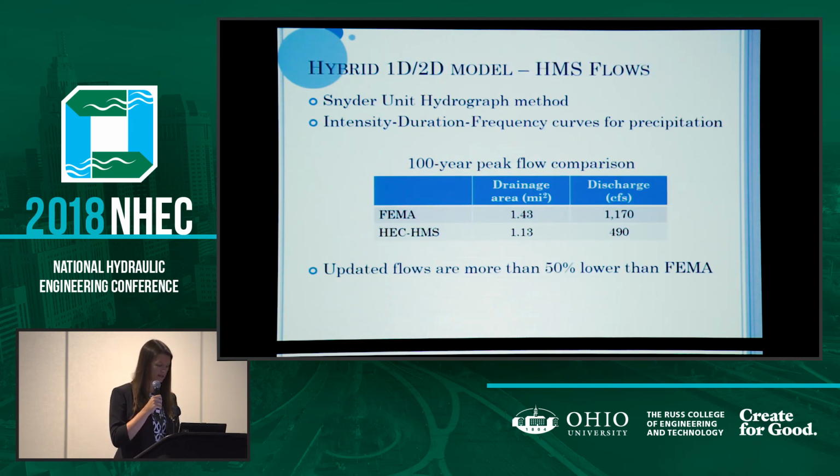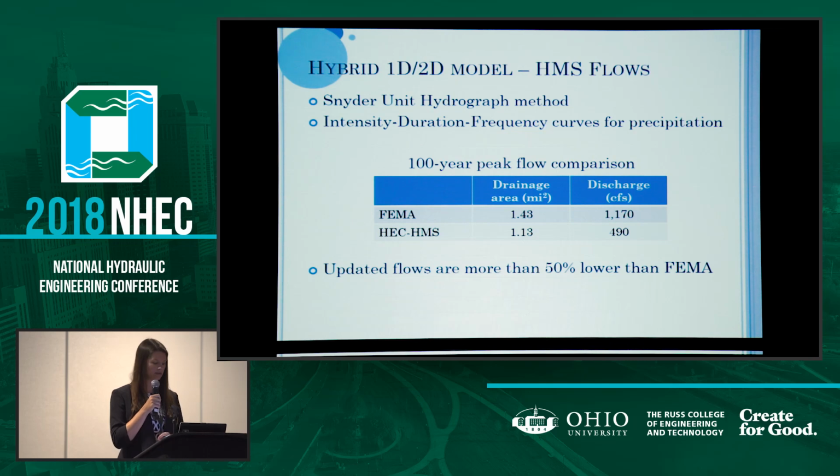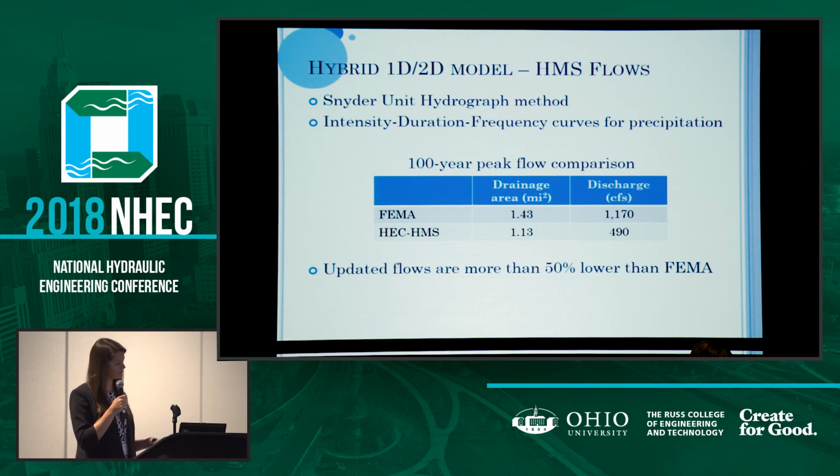So before diving into the hydraulics, we first recomputed hydrology for this small watershed. The drainage area at the county boundary was more accurately delineated as 1.13 square miles, compared to FEMA's drainage area of about 1.4 square miles at some downstream location.